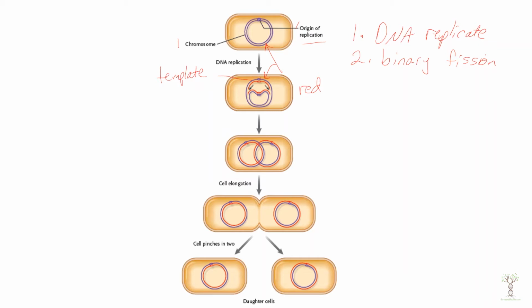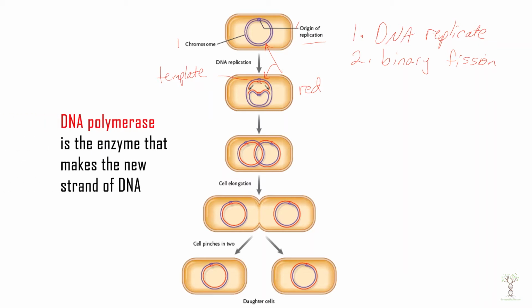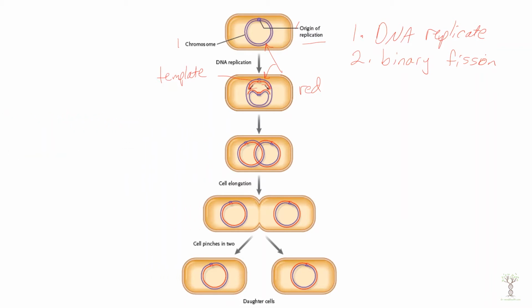From the origin of replication, DNA replication will happen in both directions, adding new nucleotides until we have two copies of that DNA molecule. So remember from previous videos, all the guanines are going to combine with cytosines, all the adenines will combine with thymines. This is exactly the same process in every living organism.